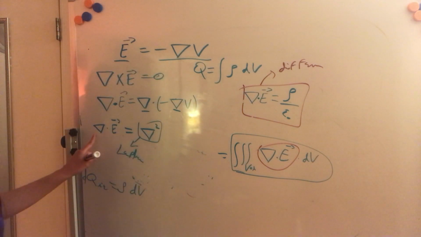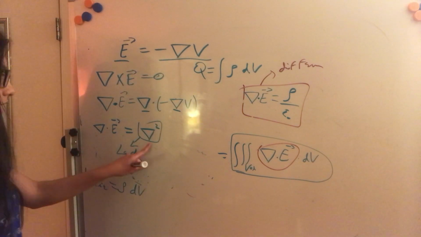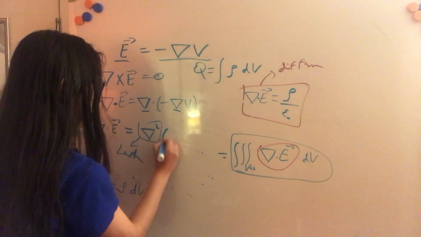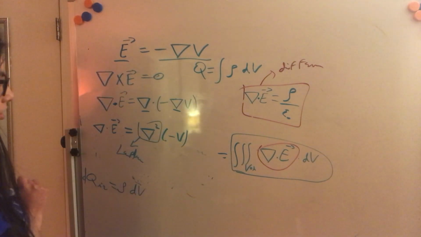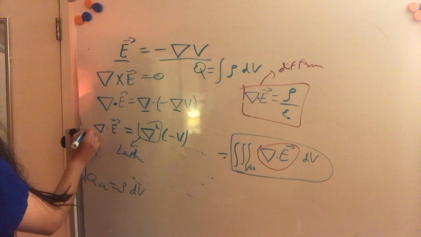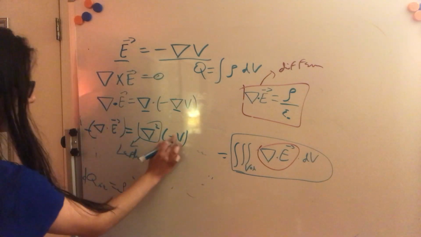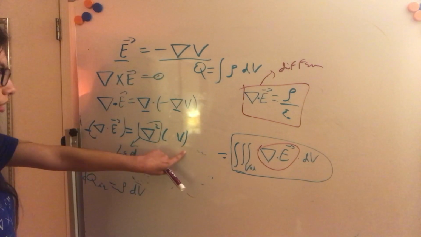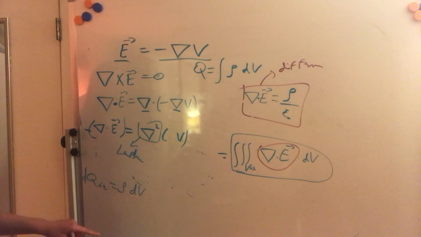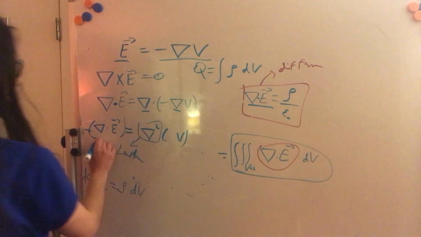So the divergence of the electric field is equal to the Laplacian operator of the negative of the voltage. Or you can put the negative here, and so you just have the Laplacian operator applied to the voltage.